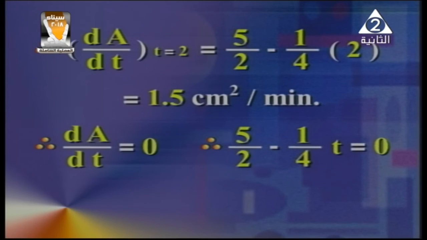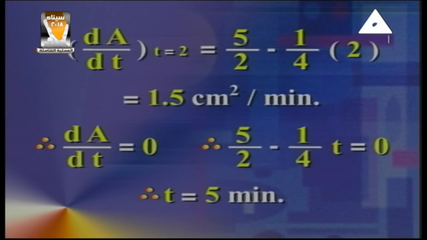In this case, we find the value of t: t equals 5 minutes. The change of the area is 0 when t equals 5 minutes.